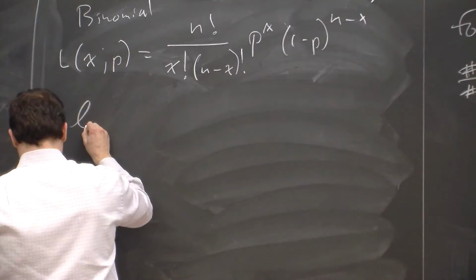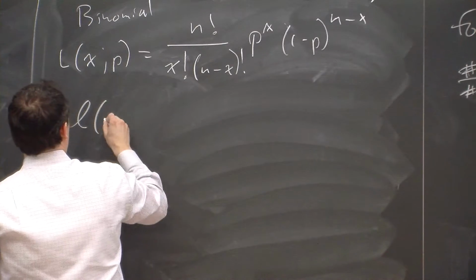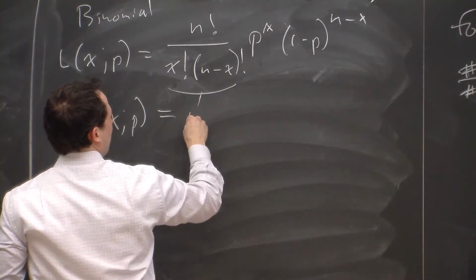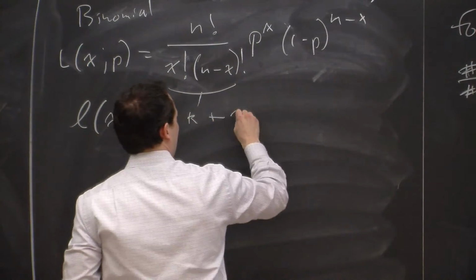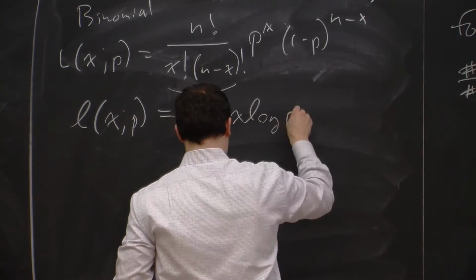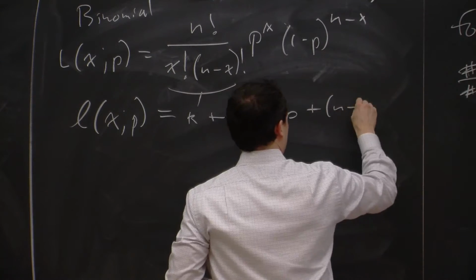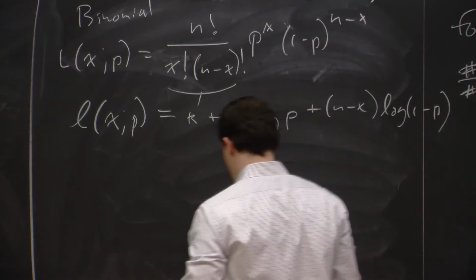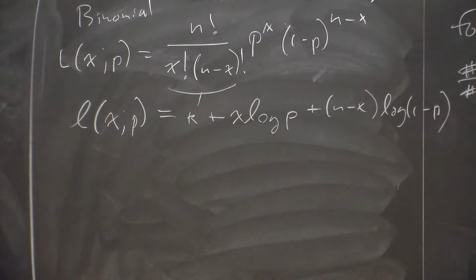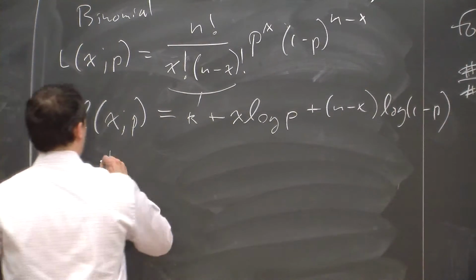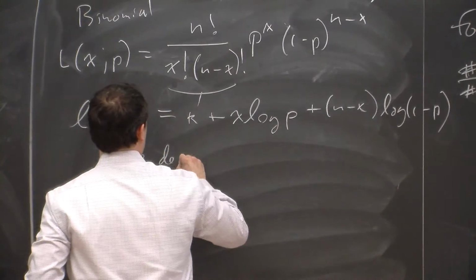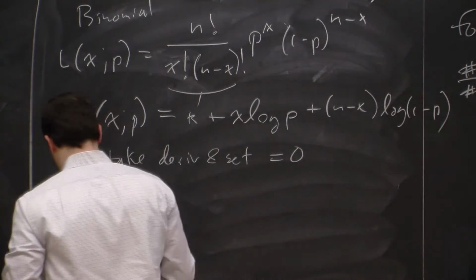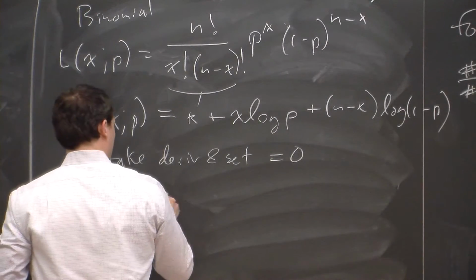We could take the log likelihood function, which is some constant that we don't care about, plus x log p plus n minus x log 1 minus p. And if you take the derivative, you'll get, again, that it's the sample mean.